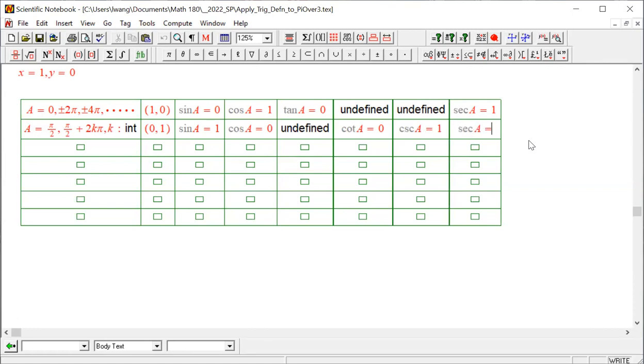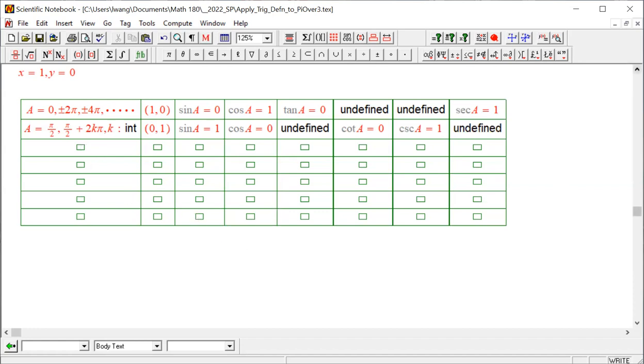Secant of these angles is going to be undefined, because it's 1 over x, x is 0, therefore this is undefined.